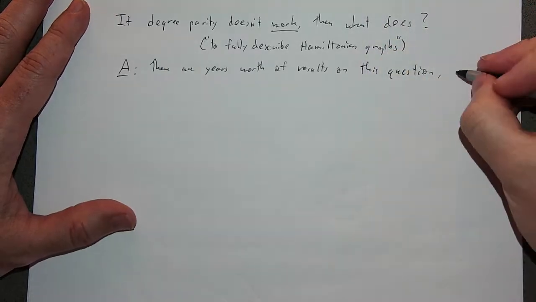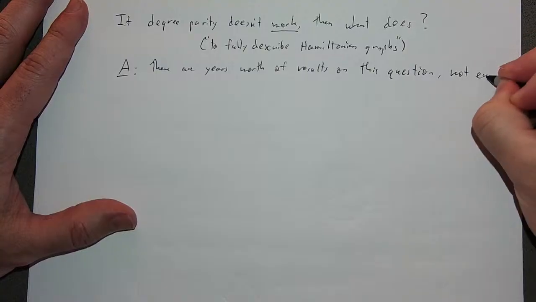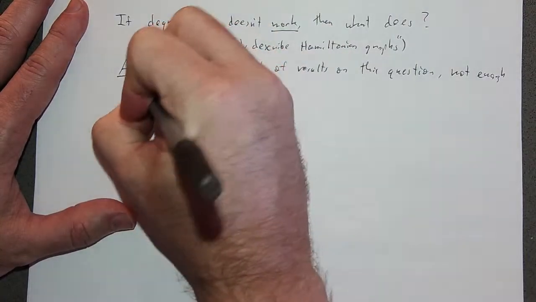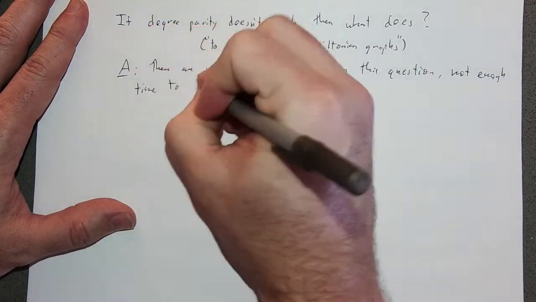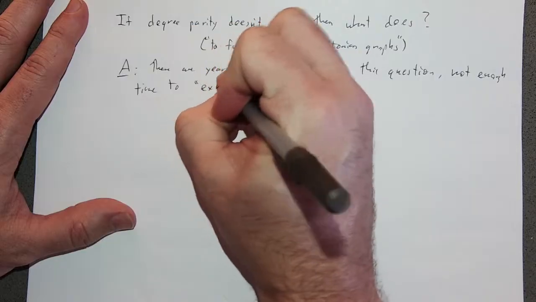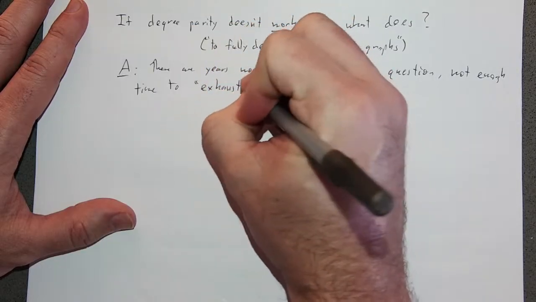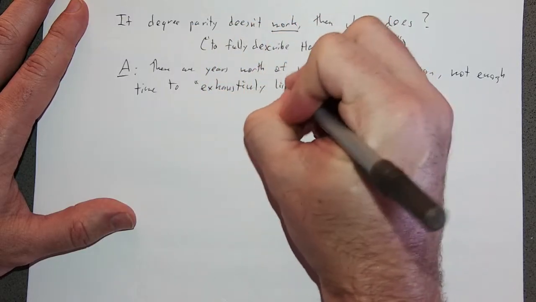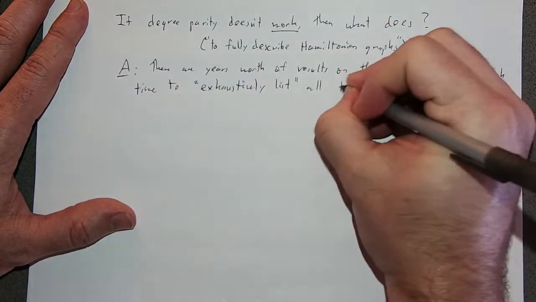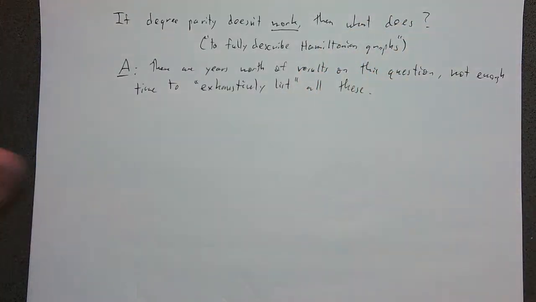And we don't have enough time to approach exhaustively listing all these things. The other answer, though, is that there's nothing as simple as it was in the case of Eulerian graphs. So we're not lucky enough that that's the case.